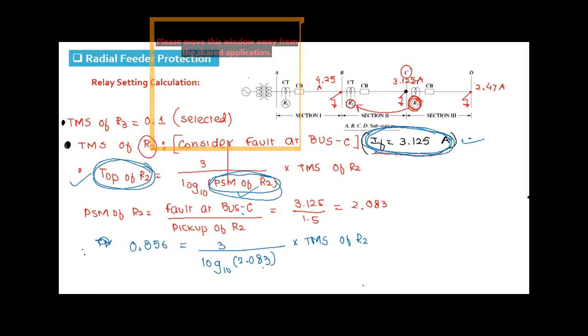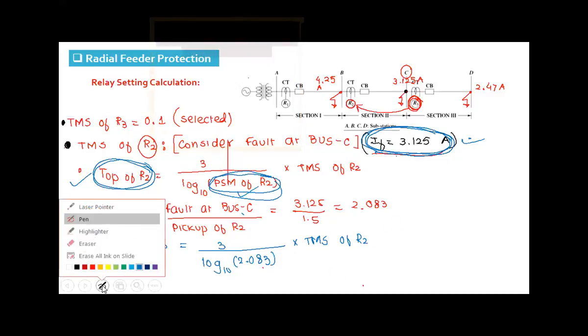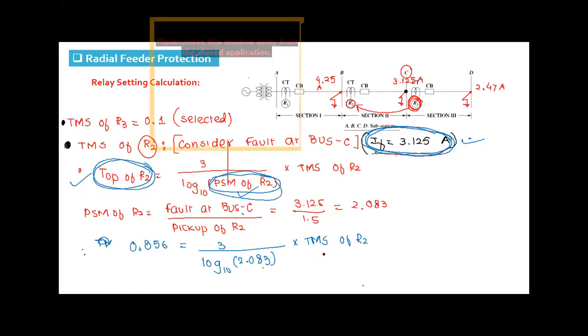So what is TMS of R2 we have? क्या मिलेगा कैलकुलेशन से? 0.09, and we cannot select less than 0.1.